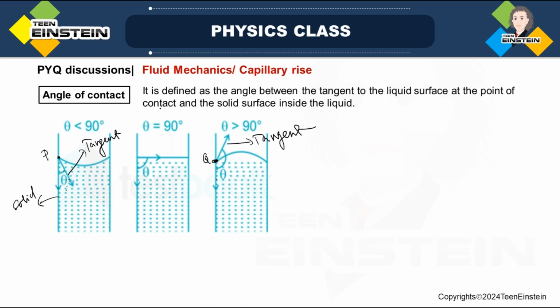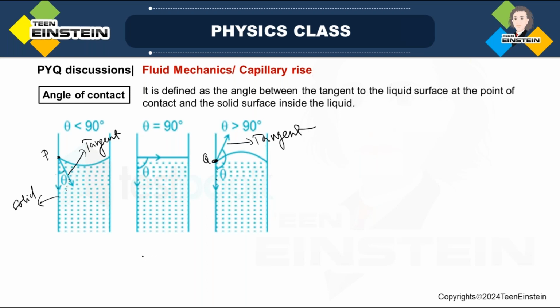Further I'll tell once again. It is defined as the angle between the tangent to the liquid surface at the point of contact and the solid surface inside the liquid. I think this is the best definition you can have about the angle of contact. Don't get confused with other definitions. This is very nice to understand from the figure.